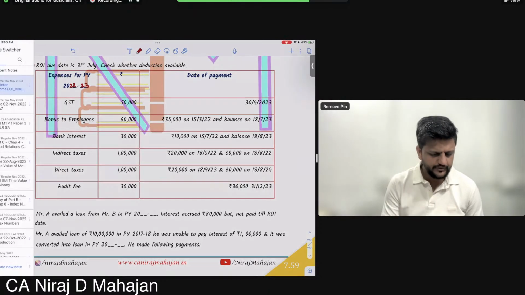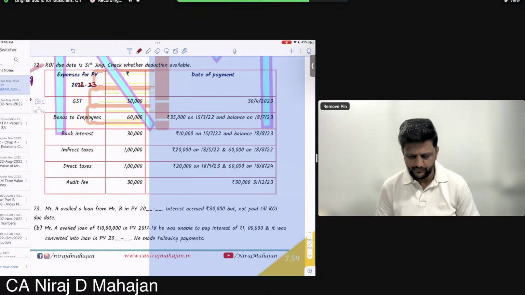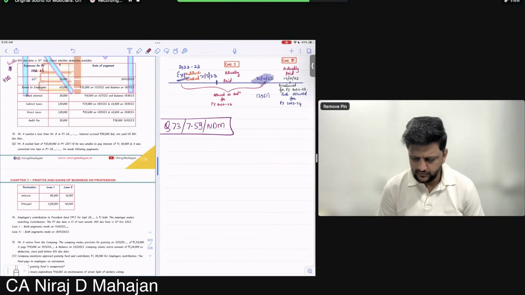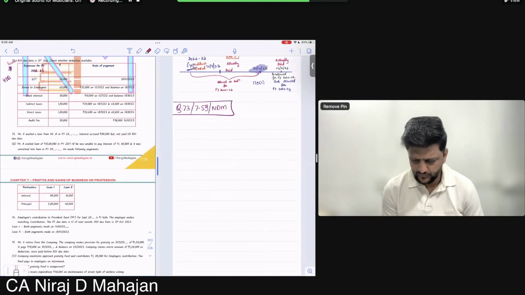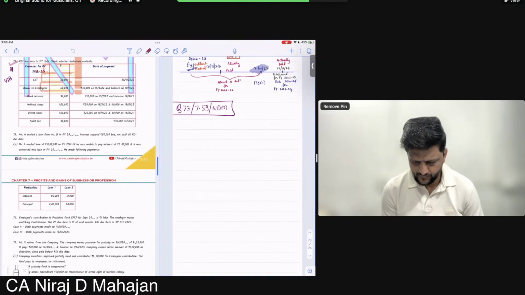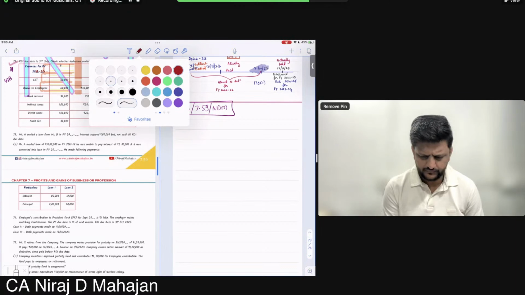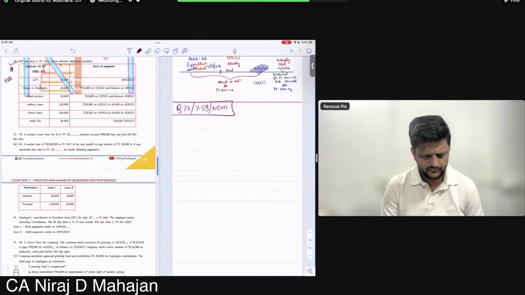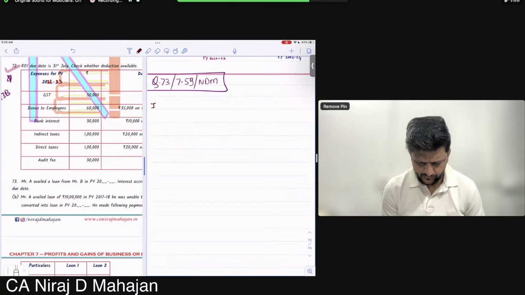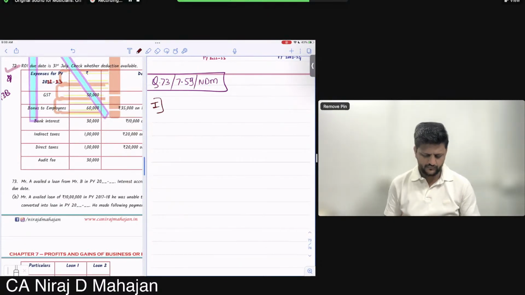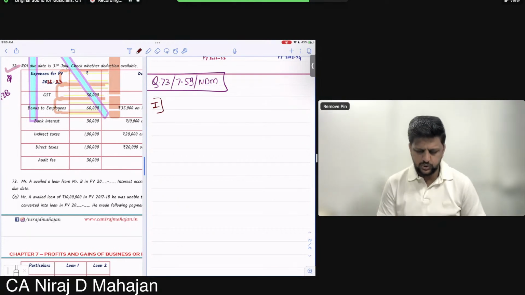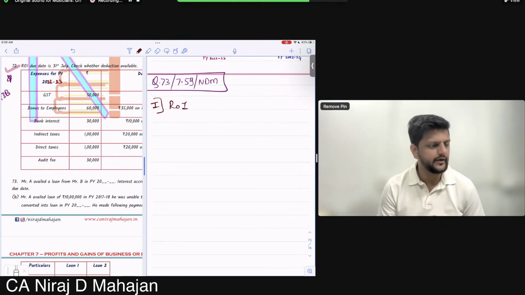Write in point number 1. Some dates might be, we have to change, okay, in the questions, maybe. Point number 1. ROI, return of income.